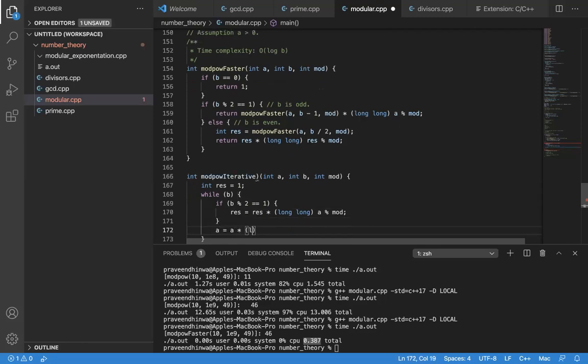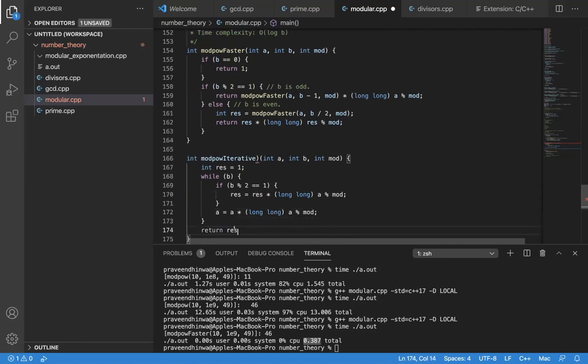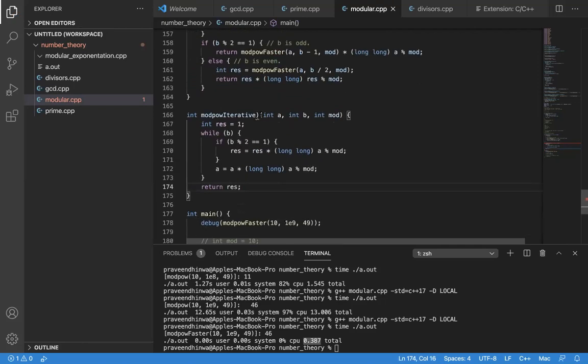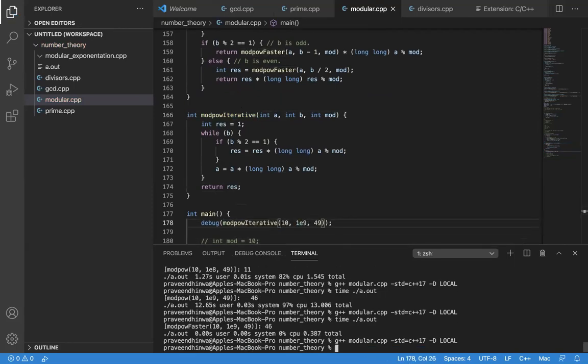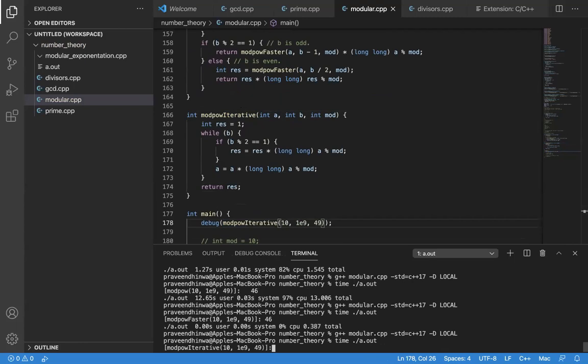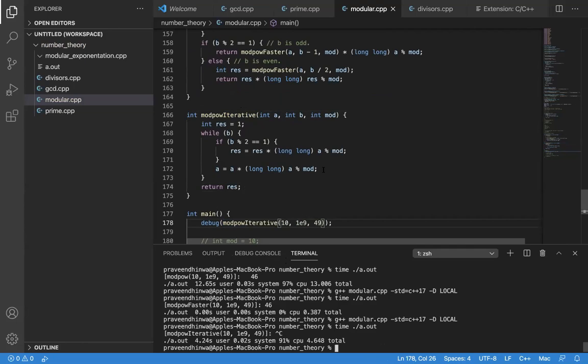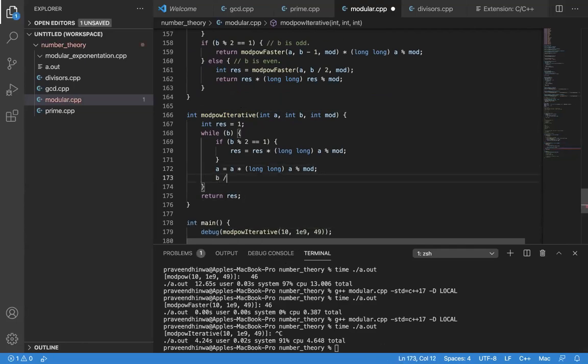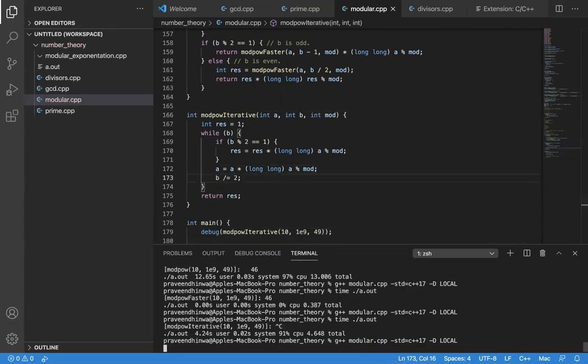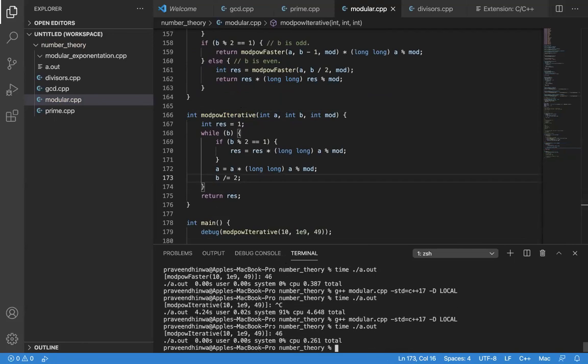Otherwise, you multiply a by a and you return your range. Let's first run this and then we'll see. Oh sorry, we did not divide b by 2. The answer is 46.